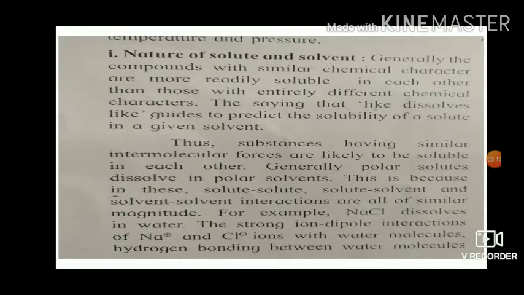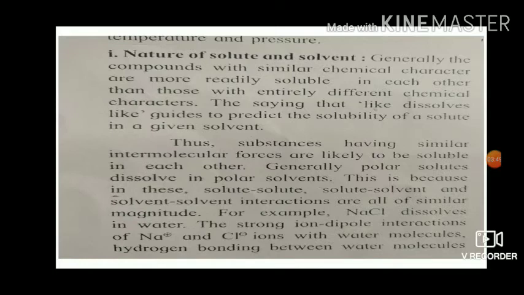Generally, the compounds with similar chemical character are more readily soluble in each other than those with entirely different chemical character. The saying that like dissolves like guides us to predict the solubility of a solute in a given solvent.